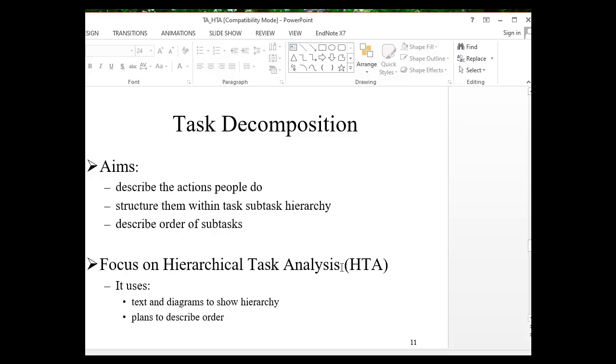HTA, hierarchical task analysis, needs diagrams and text notations to describe a problem.